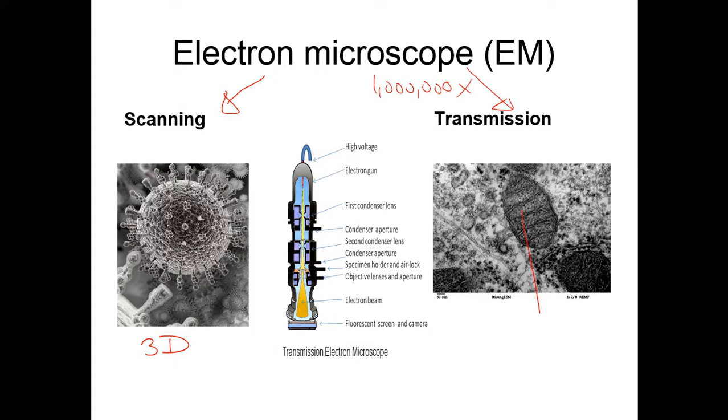This is one of my favorite organelles, the mitochondrion. You can see the two membrane structure, the inner and outer membrane. On the other hand, scanning shows the surface. In both cases, you have to kill the specimen. You have to apply either a gold cover for scanning or heavy metals as you slice the specimen up.